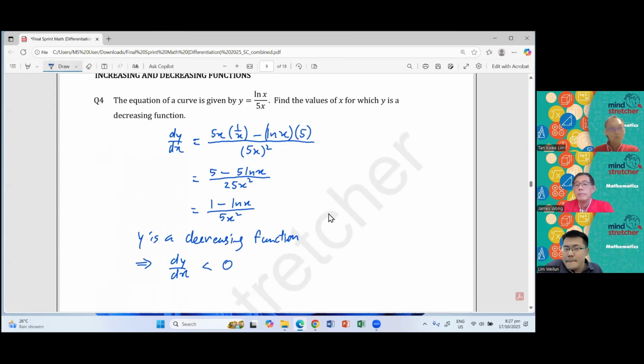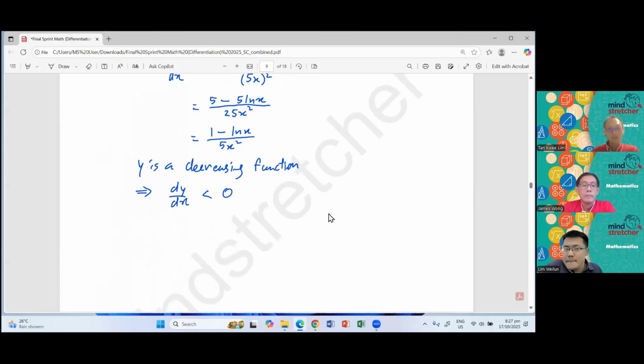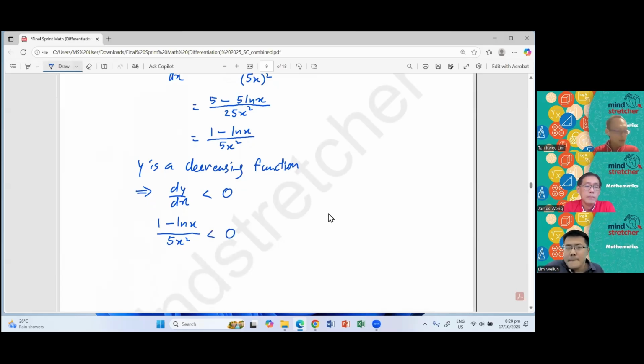So we can write 1 minus ln x over 5x squared less than 0. How do we go about solving it? You will notice that whenever something is squared, such as x squared, it is always going to be a positive value.